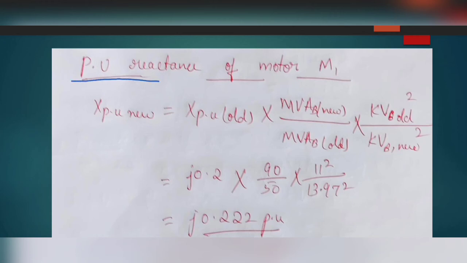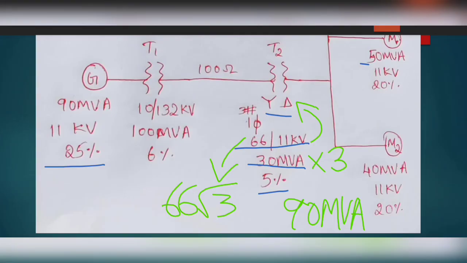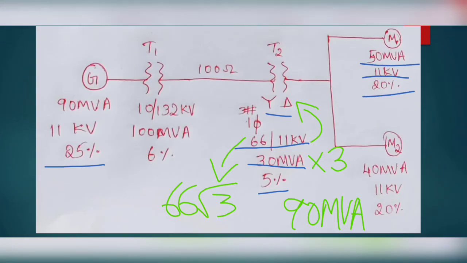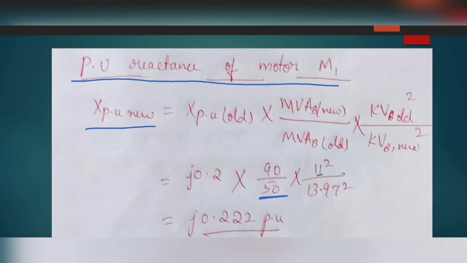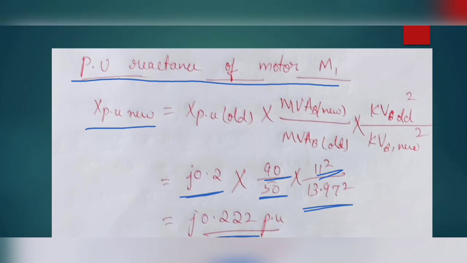Next is PU reactance of motor M1. Old values are 50 MVA, 11 kilovolt and 20%. So 50 MVA, 11 square, 20% is j0.2, and the new value of MVA is 90 MVA and kV base is 13.97. Substituting this, we get j0.222 pu.